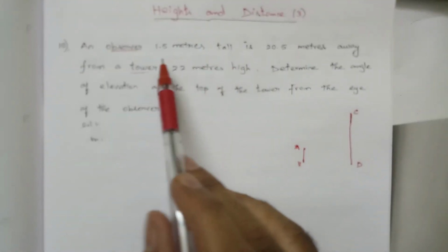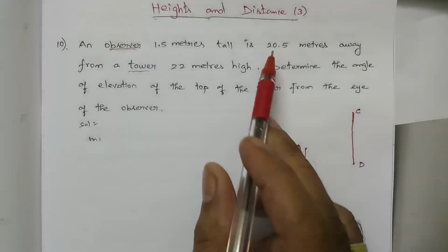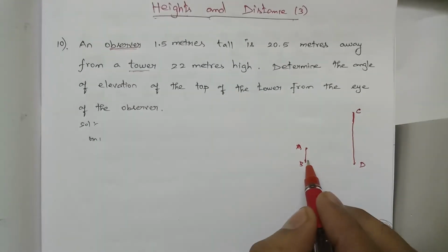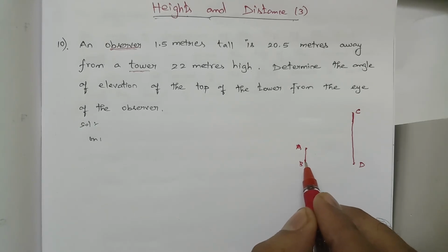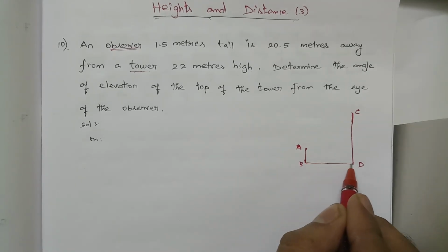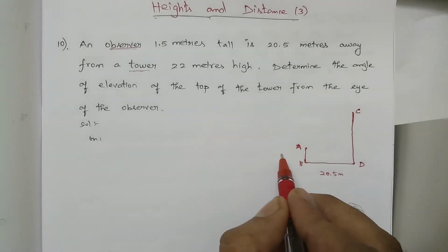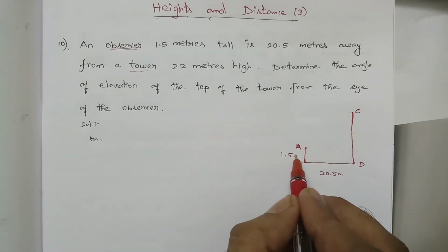That means the distance between the tower and the observer is 20.5 meter. Point B is the foot of the observer and point D is the foot of the tower. The distance between these two is 20.5 meter. The height of the observer is 1.5 meter.